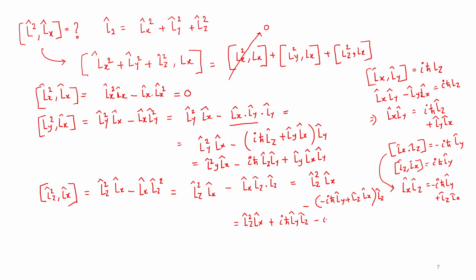Minus Lz Lx Lz. Again, these two I cannot write as Lz square Lx. So when I put all the things together, now I am writing it again, what is L square by Lx.